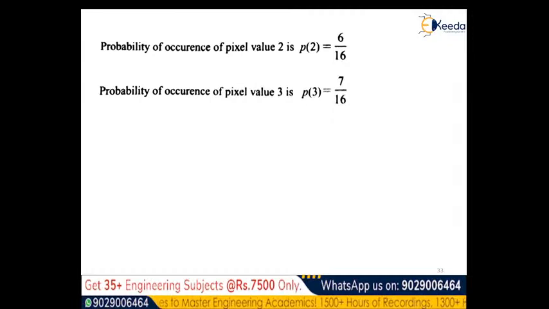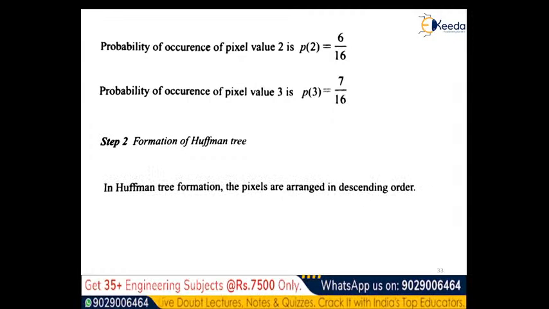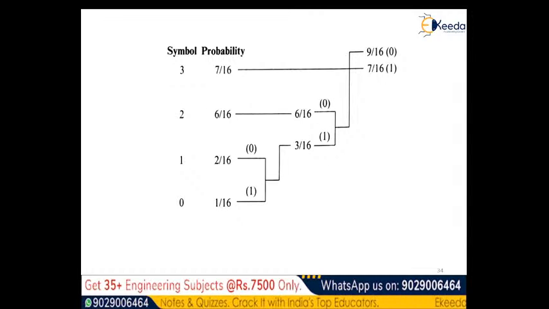Now we shall use the probabilities of occurrence of these gray levels to form the Huffman tree. According to the Huffman tree formation, we have to arrange the pixels in descending order. So here we arrange the symbols and the probabilities of occurrence.